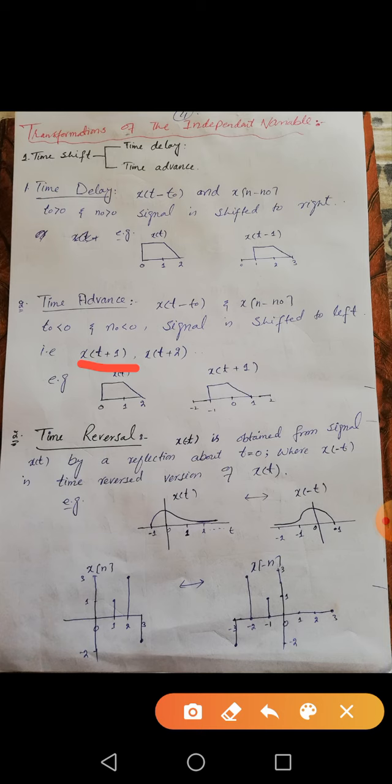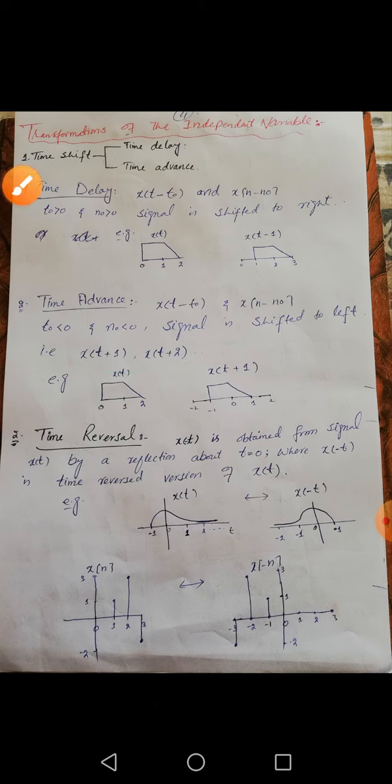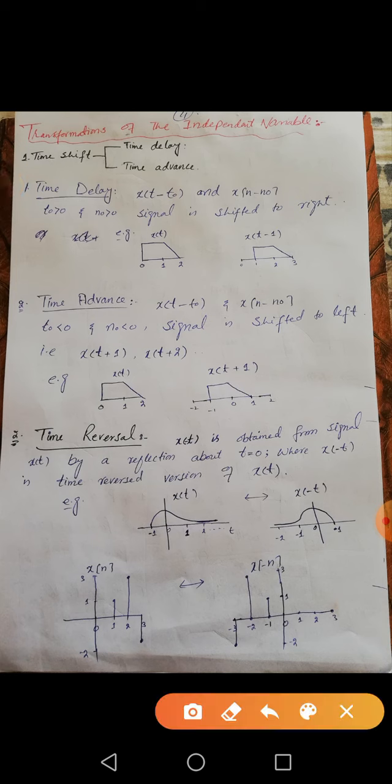Here the value of t naught is minus 1, so it became x of t plus 1. Here the value of t naught is minus 2, so the signal will become x of t plus 2.